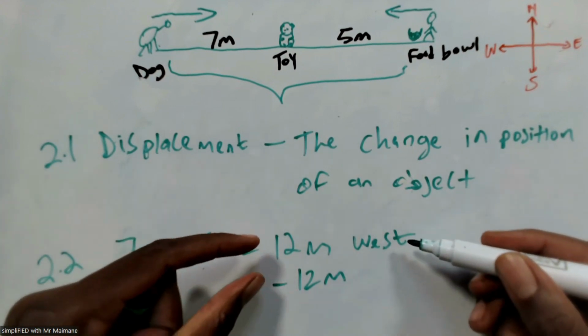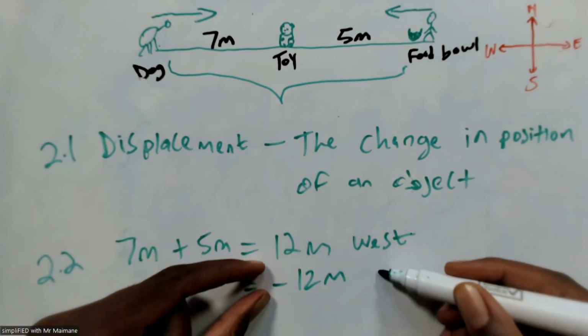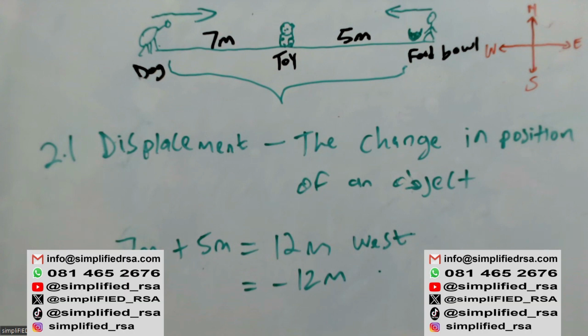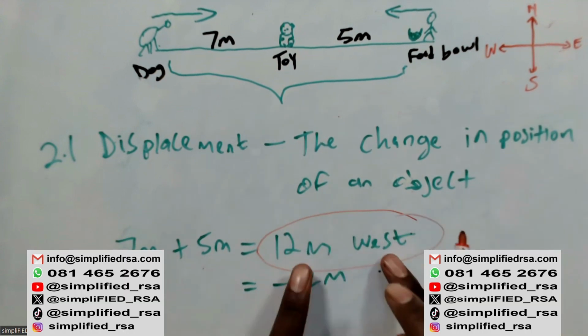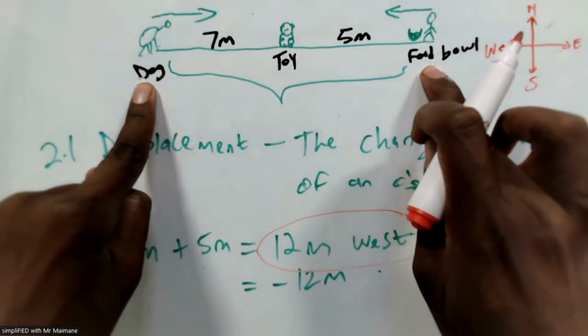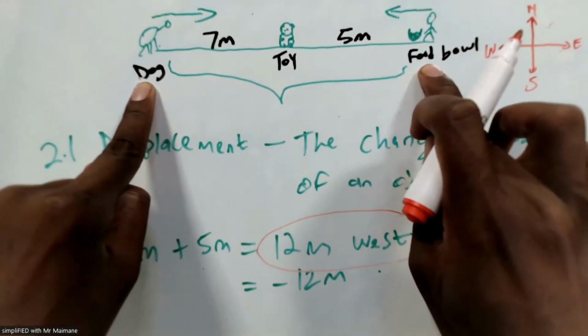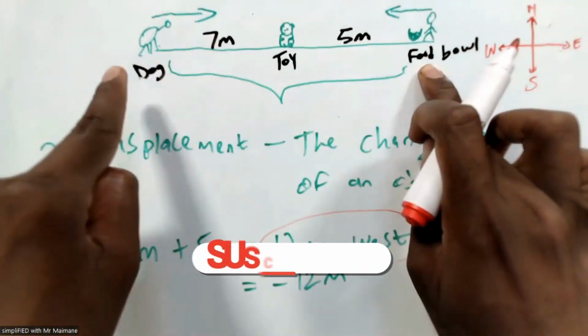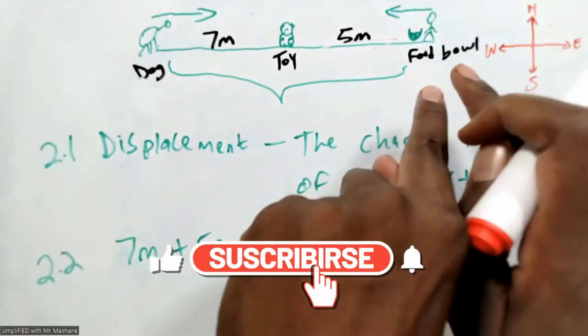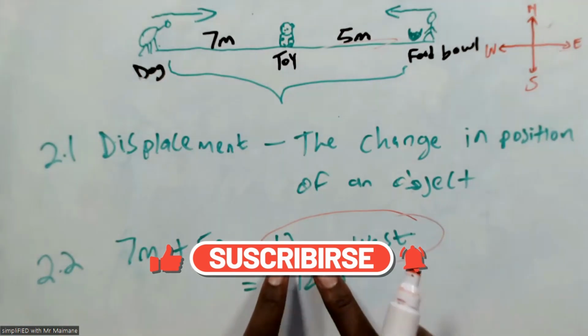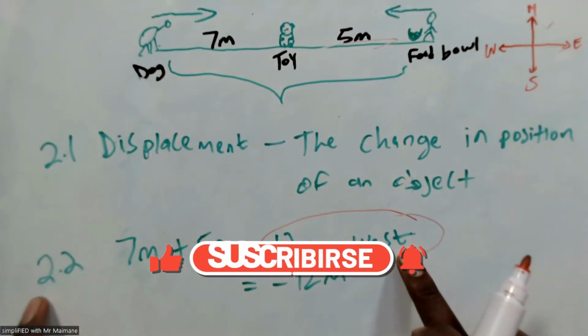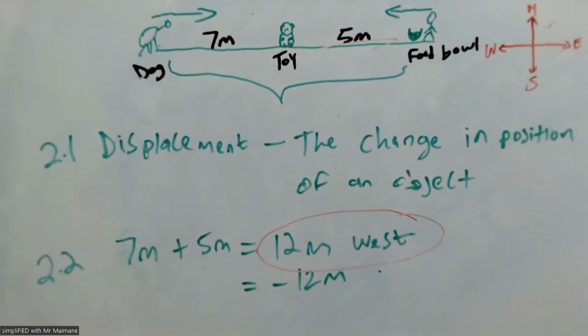Whether you take this one or that one, the marker would still mark you right. But I'd advise you to go with 12 meters west, because it makes more explanatory sense that the boy sees the dog 12 meters away in the west direction from where the boy is. So the answer to 2.2 is 12 meters west.